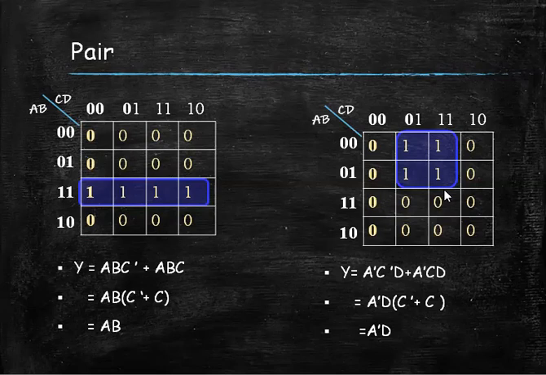Okay, so this can be considered as a group of four. That group is known as a quad.